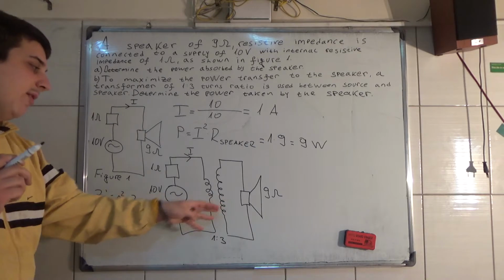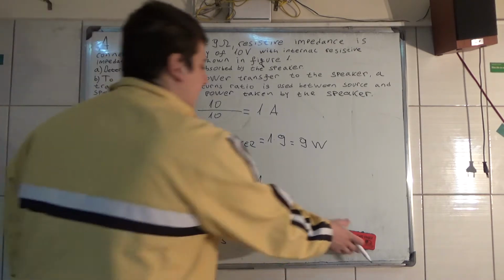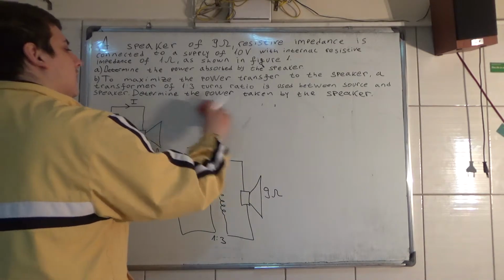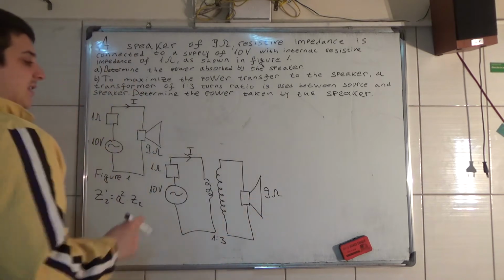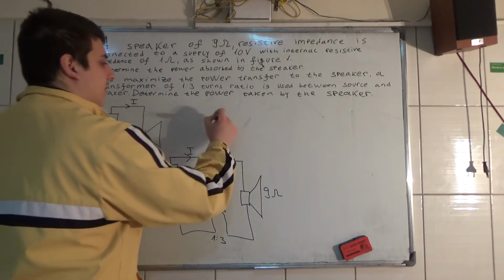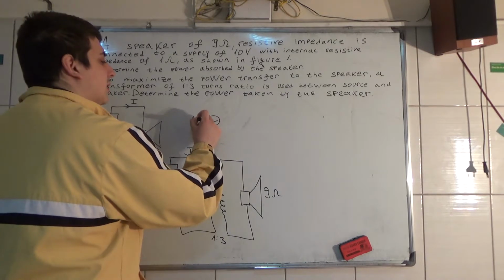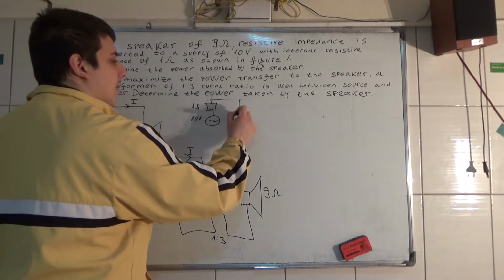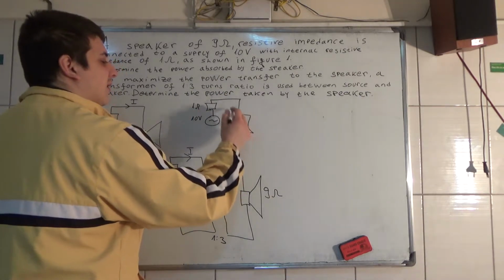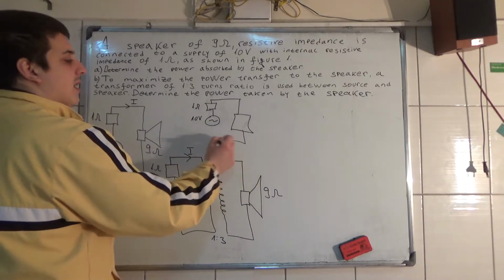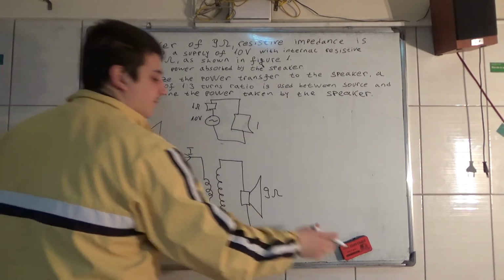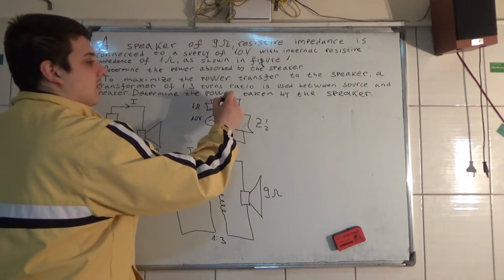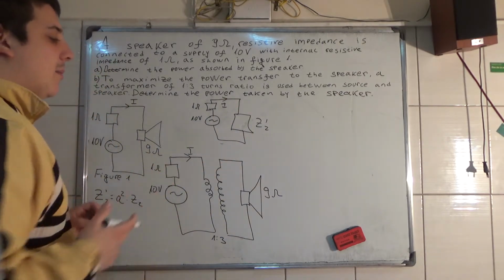And then the equivalent circuit for this will be something like this: 10 volts, internal resistance of 1 ohm, and this is the transferred value of the speaker on the primary side in this particular situation.